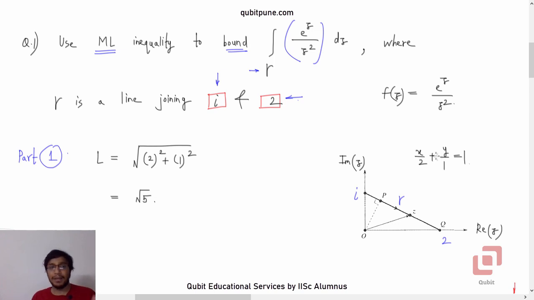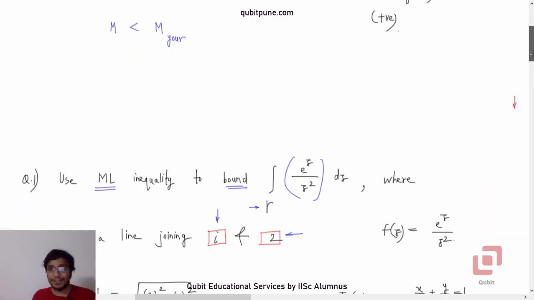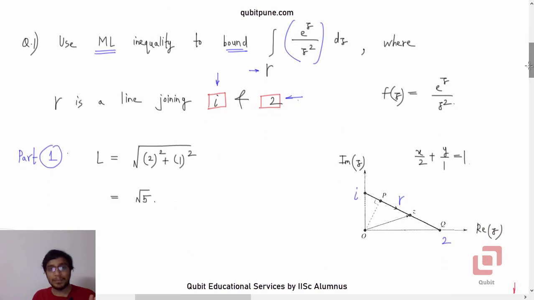Fine. So let us first find the easier part, that is the length of the curve. Use the distance formula to find the distance between the points (0, 1), which represents i, and (2, 0), which represents 2. The distance formula gives you the length as root 5, because this is 1, this is 2 and this is 1.